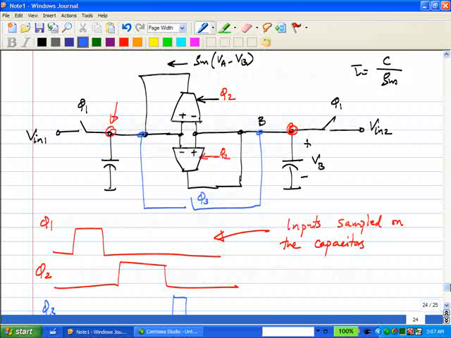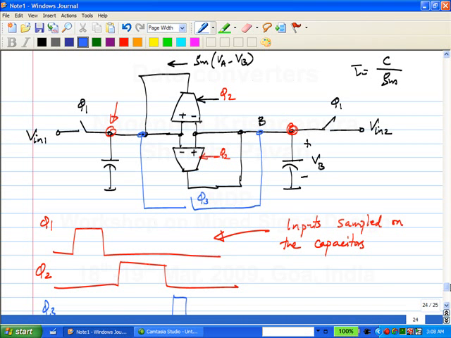One, sample the input, which is where you're charging the capacitors. Two, phase two, where we are converting that small difference into a very large difference using the current. And then the third phase, where you are zapping the two capacitors together.